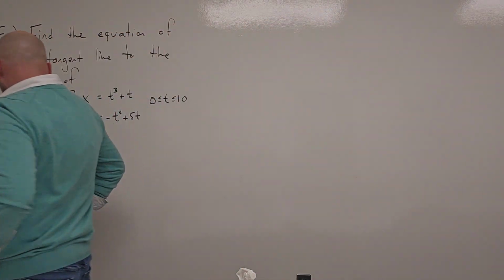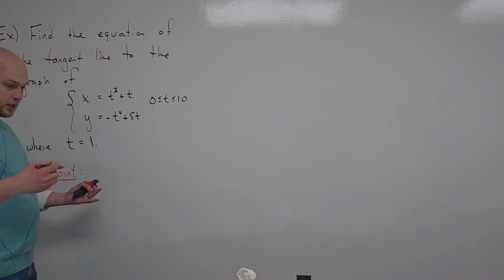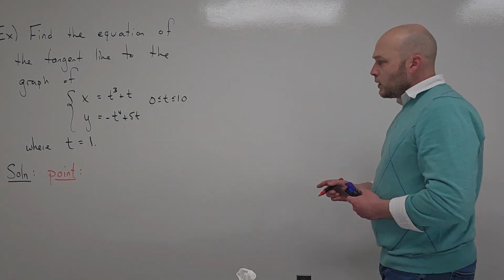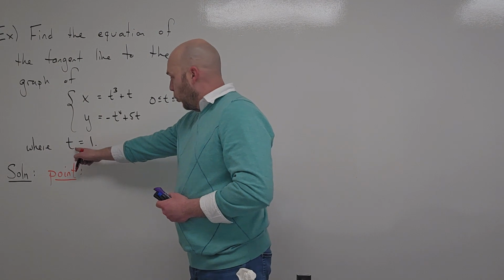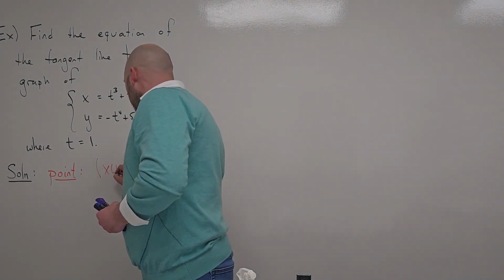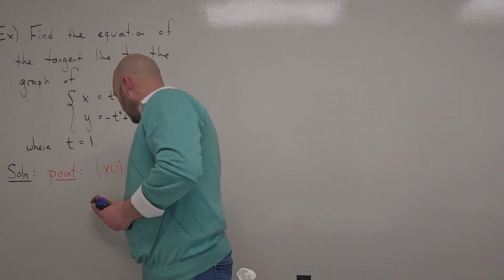Right. First things first, let's find the point of tangency. So I'll just abbreviate that as point, but this is the point on the graph of the parametric curve for which the tangent line will be, well, tangent to. So when t is 1, that means the x-coordinate would be x of 1, the y-coordinate would be y of 1.